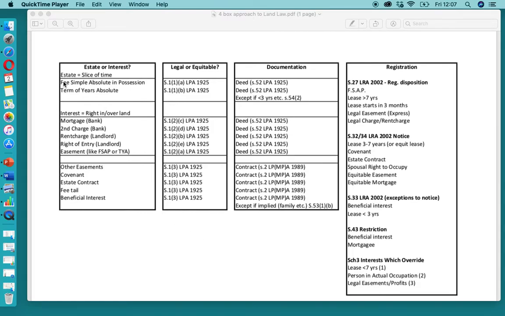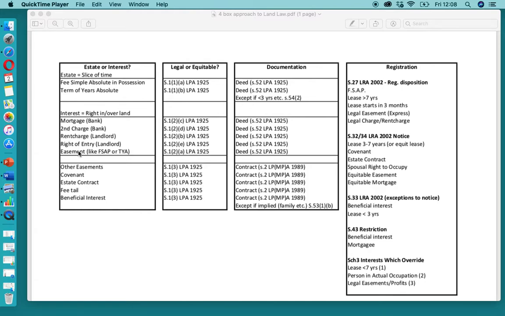So the estate, the slice of time in land, that's what we looked at previously. That's what we've looked at in the seminars that we've covered together. So the fee simple absolute in possession being akin to ownership. The term of years absolute being akin to a tenancy.